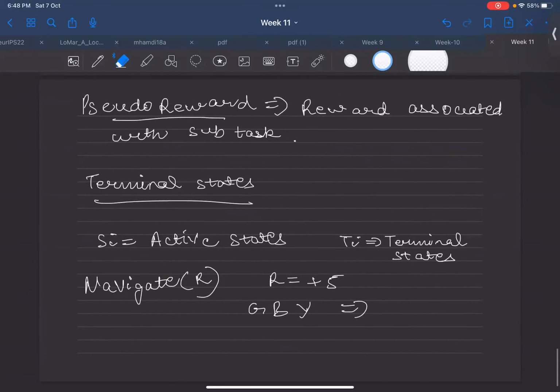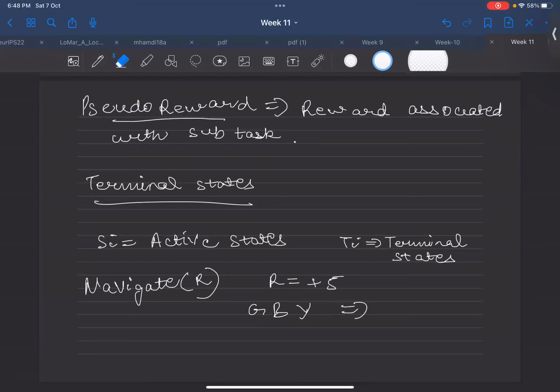Talking about S_i and T_i, T_i are the states in which it will terminate, and the rest of the states I can say is S_i. Am I correct in saying this?